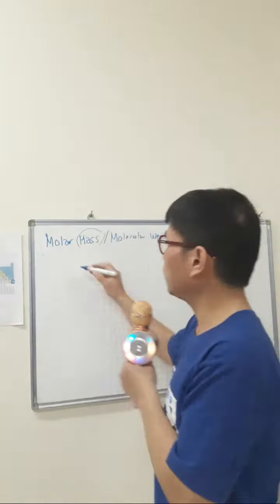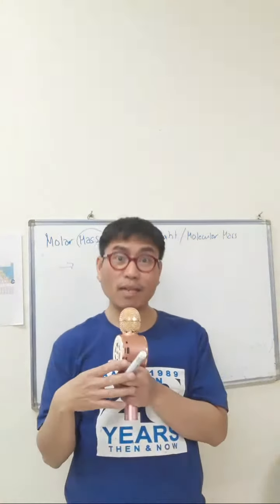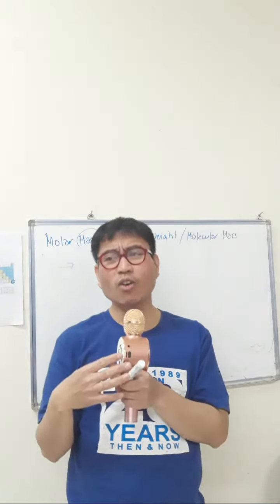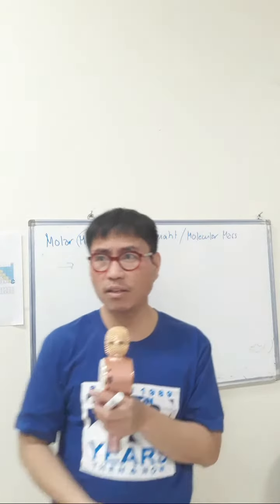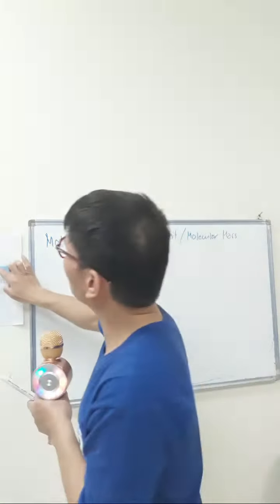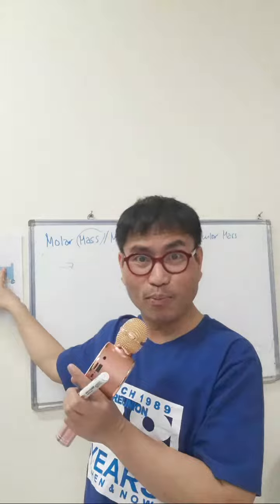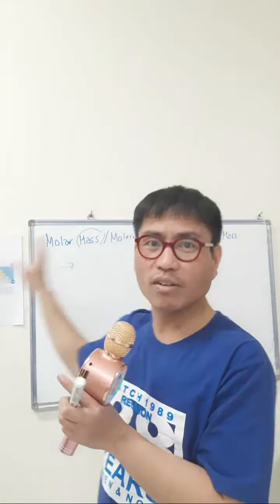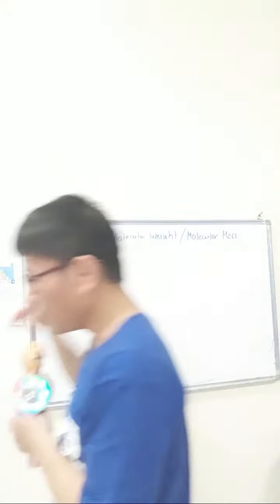Now, what is an element? An element is the simplest form of matter, composed of only one atom. For example, boron is only one atom of boron. Get the point?